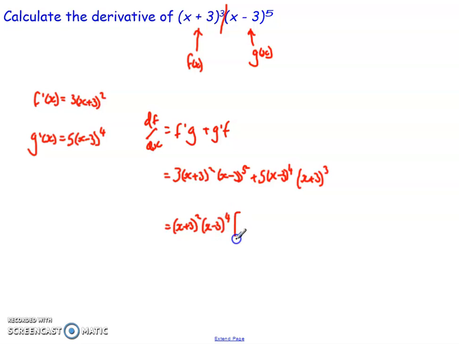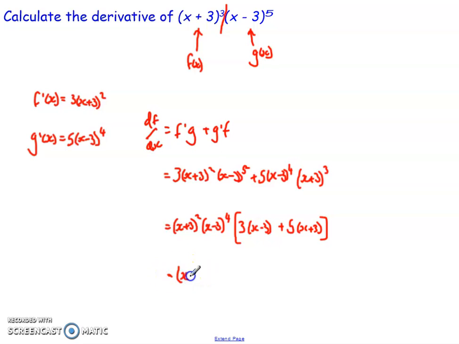Then what I'm left with within the bracket is my 3, my coefficient here. I'm going to be left with just an x - 3, so 3(x - 3). I'm then going to have plus 5, the coefficient here. All I'm left with in this term is an x + 3, so 5(x + 3). Then we simplify what's in the bracket, and we've got our final answer.